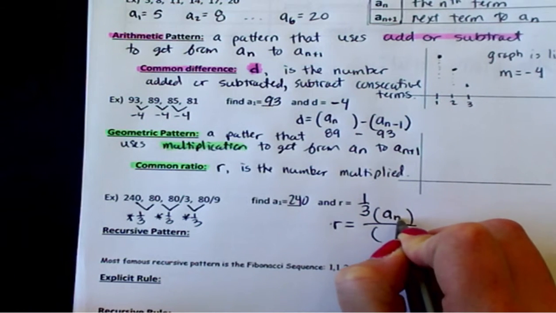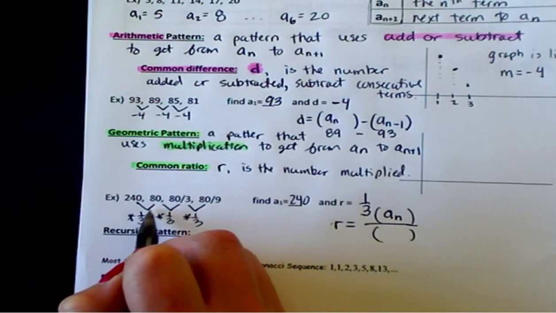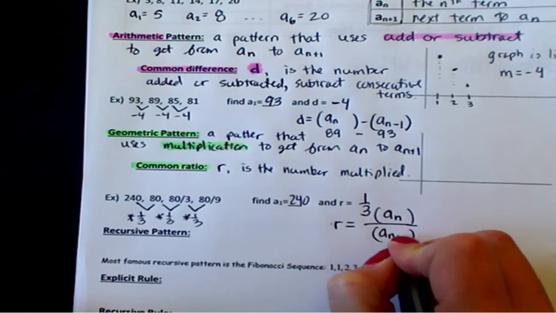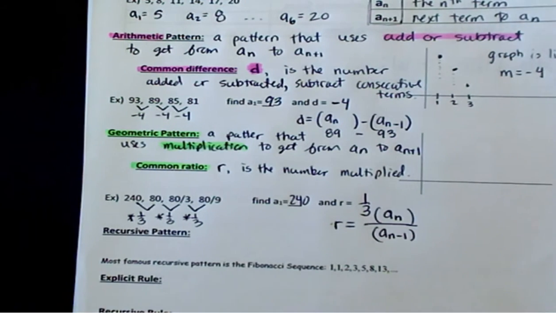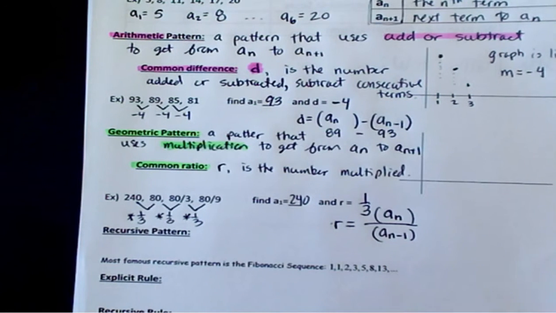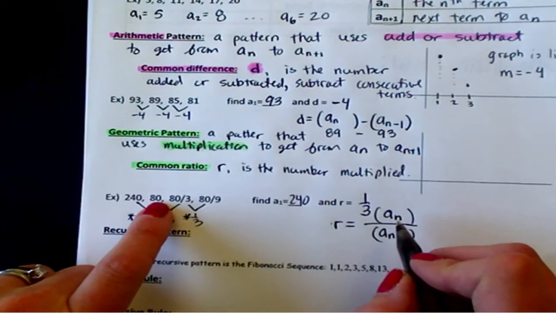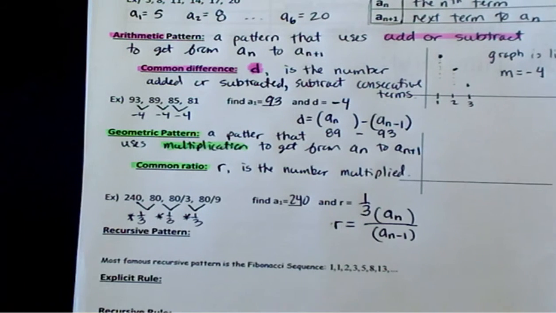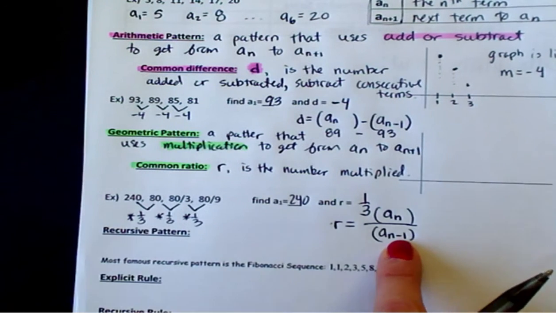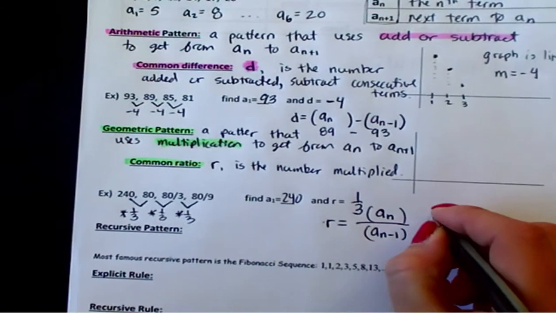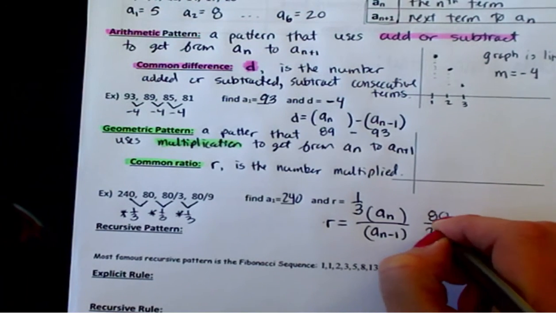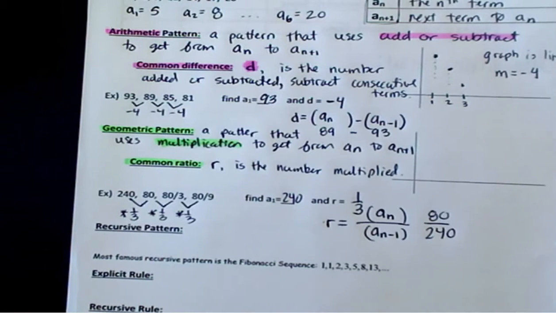This term, 80, divided by the previous one. Make sure that this is previous to the one on top. So let's try it. a sub n could be any placement on the list. This just means the one right before it. So this is 80 over 240, which is 1/3.